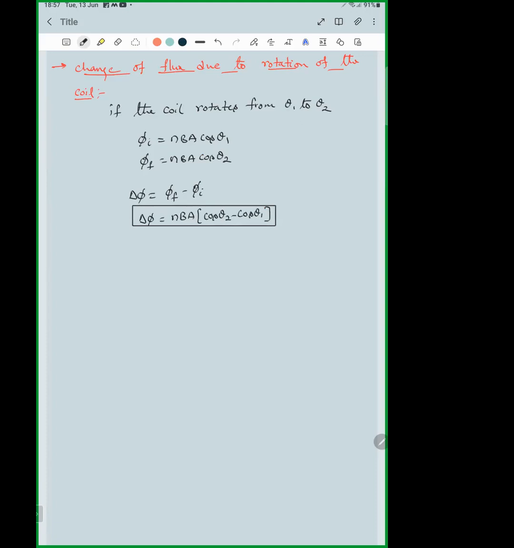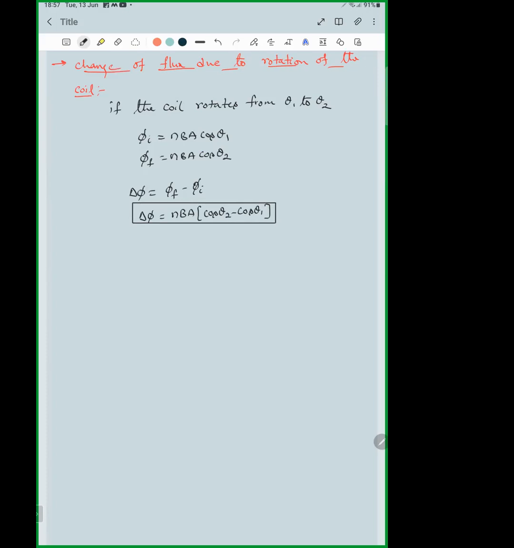And in the next case, you can apply many conditions. If theta 1 is equal to 0 and theta 2 is equal to 90, then delta phi is minus NBA, because cos 90 is 0, so 0 minus 1, that is minus NBA.